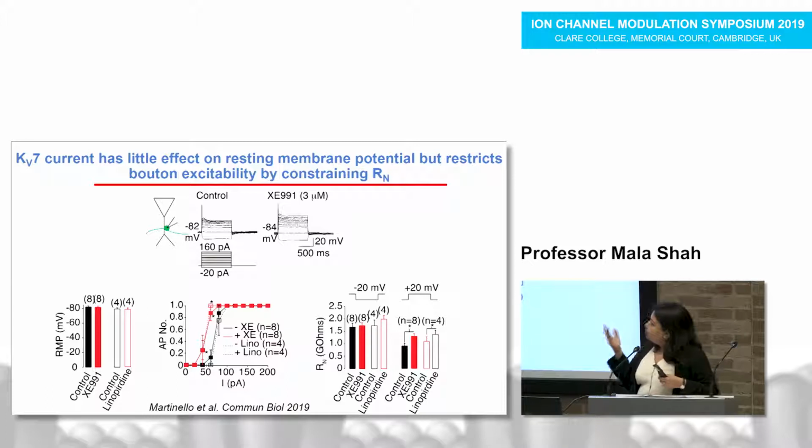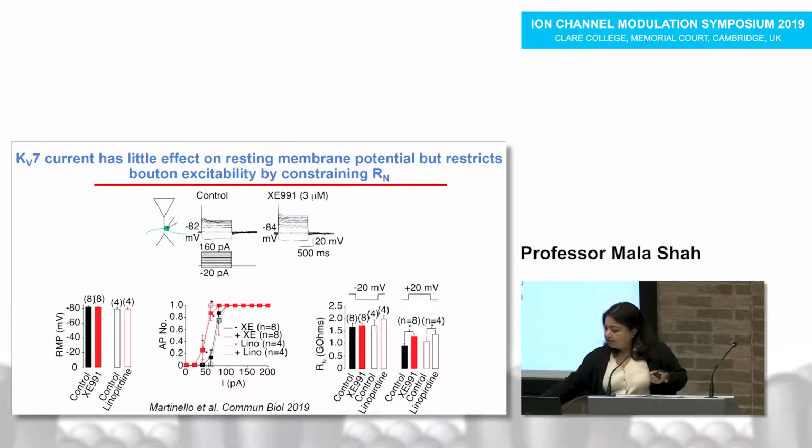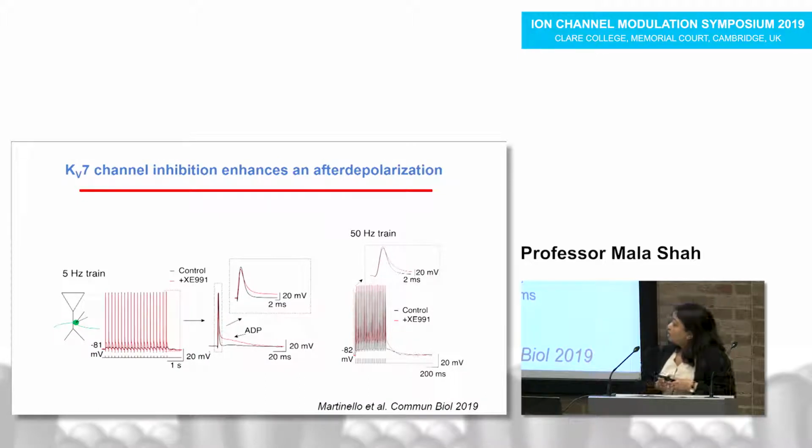Okay, but in boutons, under physiological conditions at least, you don't normally have these steps. What you tend to get are action potentials invading into the boutons. So we try to mimic this by giving very short pulses, 0.1 millisecond pulses, to generate single action potentials at different frequencies.